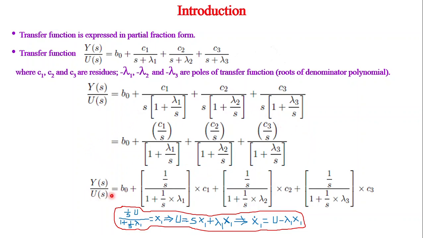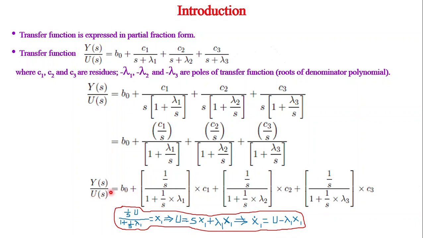That is Y of S by U of S equal to B naught plus the C1 is taken outside. So 1 by S divided by 1 plus 1 by S into lambda 1, plus this C2 is taken outside, so 1 by S divided by 1 plus 1 by S into lambda 2. Similarly this. Here how I am doing the state assignment is this entire thing, that is the coefficient of C1, is taken as x1 after multiplying this U of S with this.